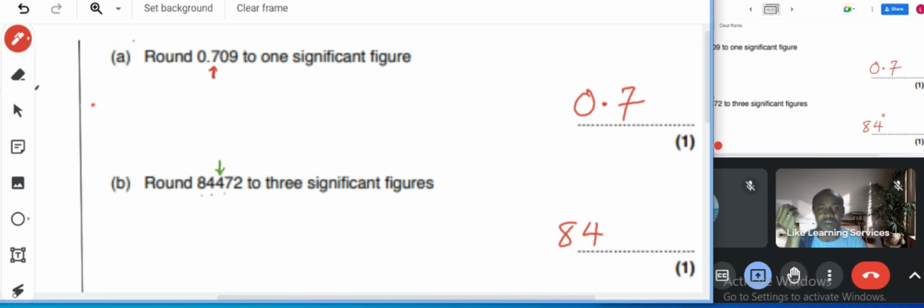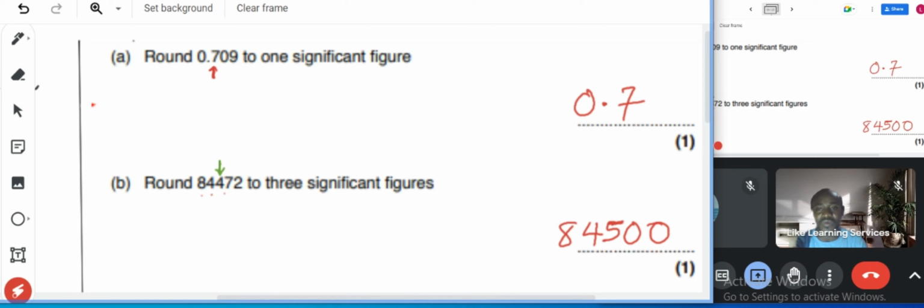So 8, 4, 5. What do we do to the rest? You write 0, 0, because the number is not after the point. Anything before the point will be replaced with 0, 0. So 8, 4, 5, 0, 0.